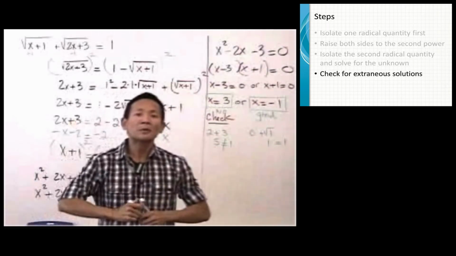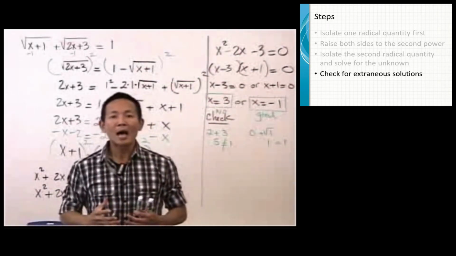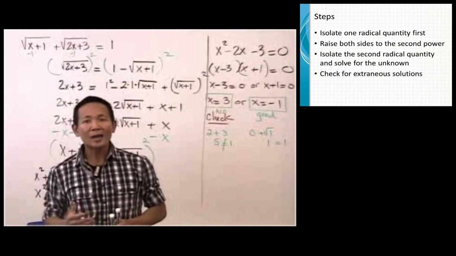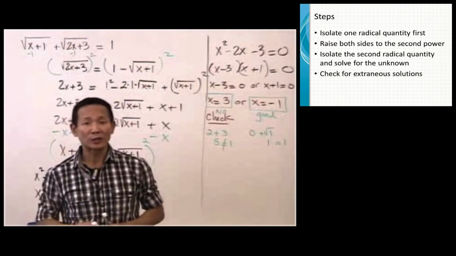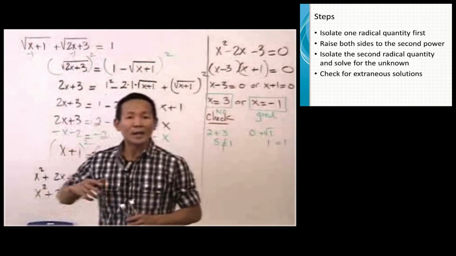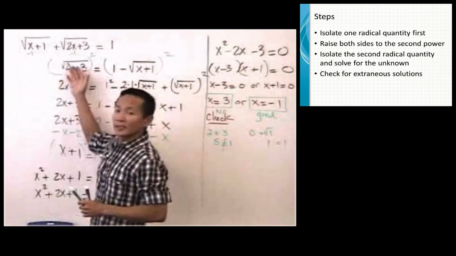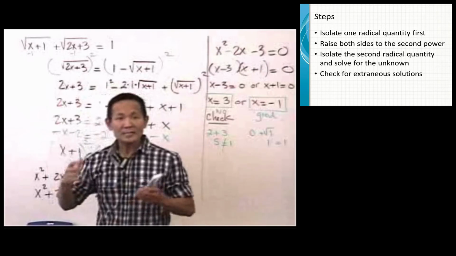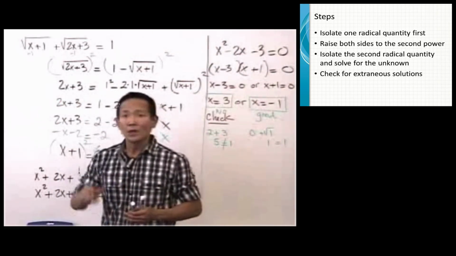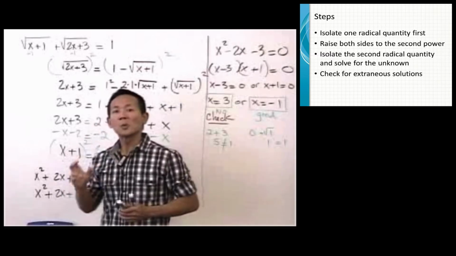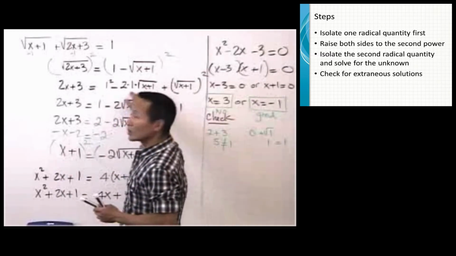Okay, let me recap how to solve a radical equation with two radical quantities in the equation. We isolate one radical quantity. Then we raise that to the second power. And after you do that, you still have one more radical quantity on the other side of the equation.